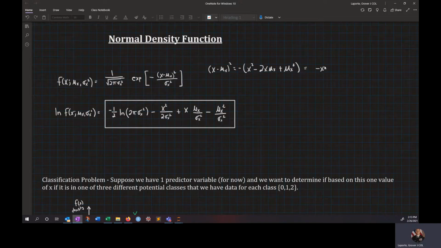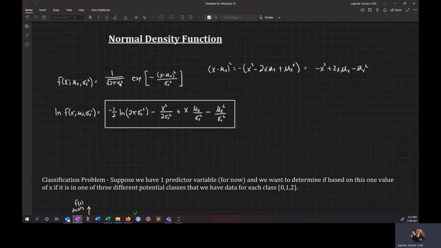So it's negative x squared plus 2x mu x minus mu x squared. Yeah, it's horrible. So we're going to take these things, and that's kind of what's being done down there.